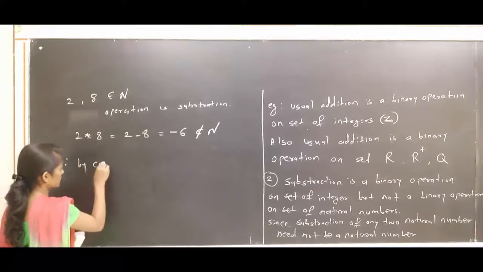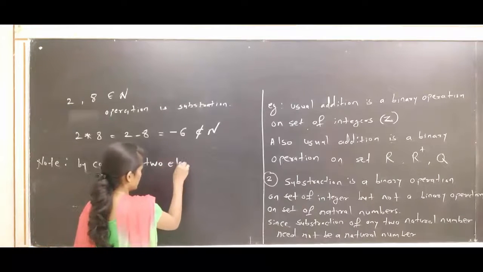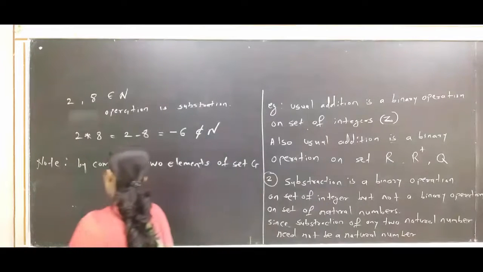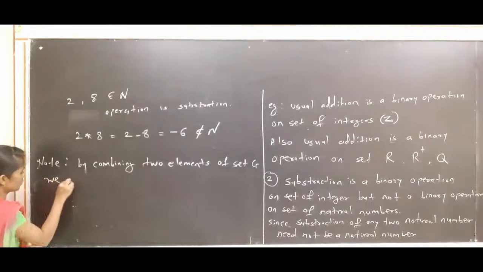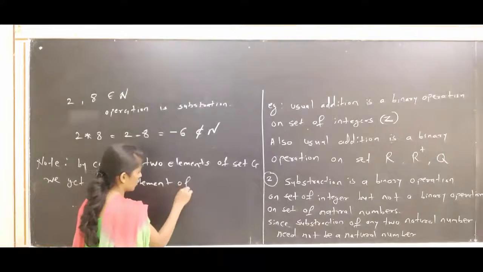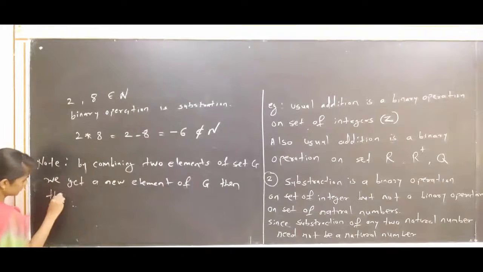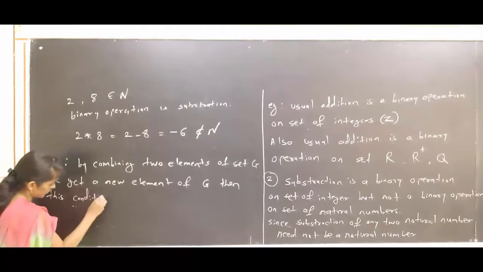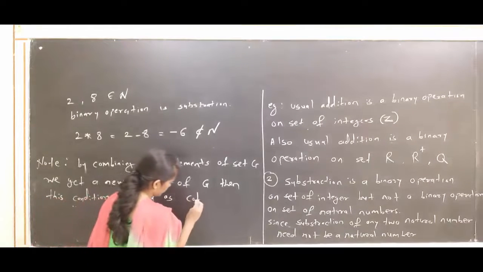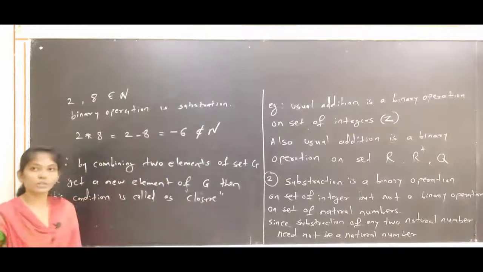Now note that by combining two elements of set G, we get a new element of G. Then this condition is called closure.